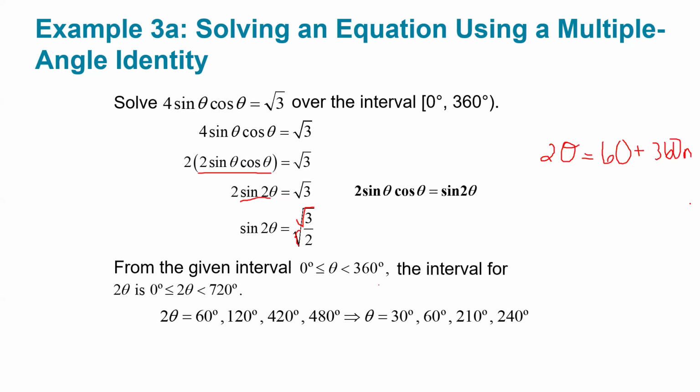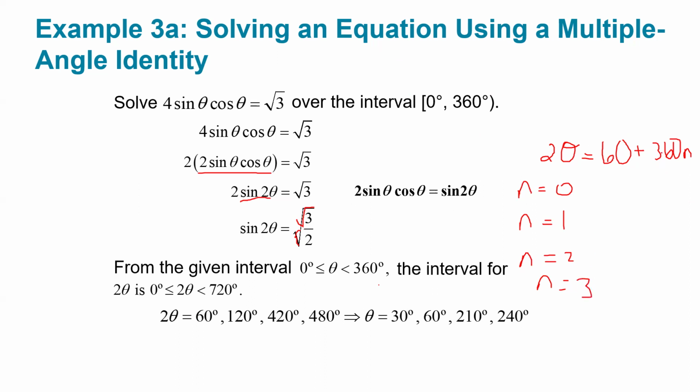Your theta has to be between 0 and 360, not your overall answer. Does that make sense? So you let n equal 0 to get a value. Then you'll let n equal 1 and get a value. Then you'll let n equal 2, and you'll let n equal 3 if it's still satisfied between 0 and 360.